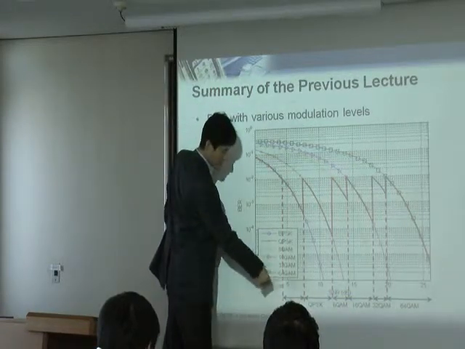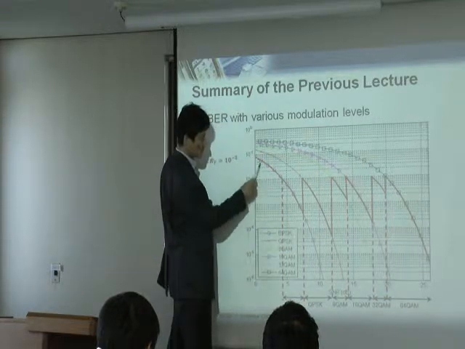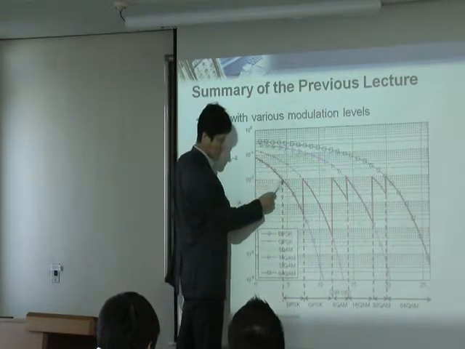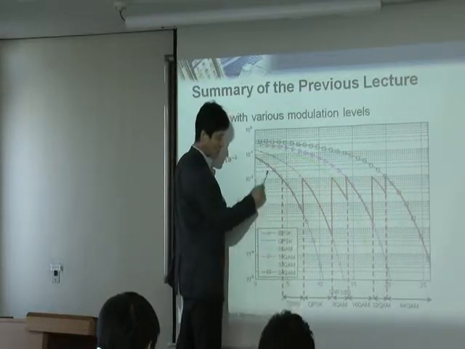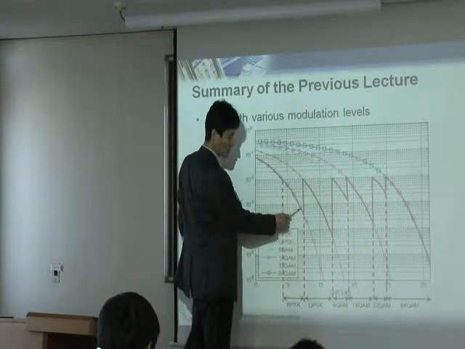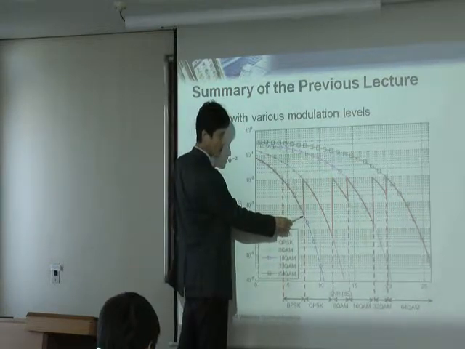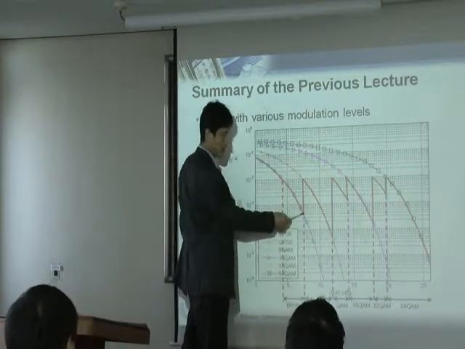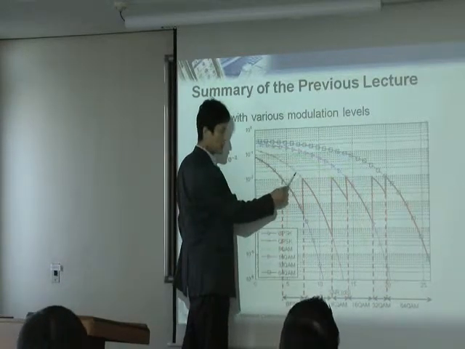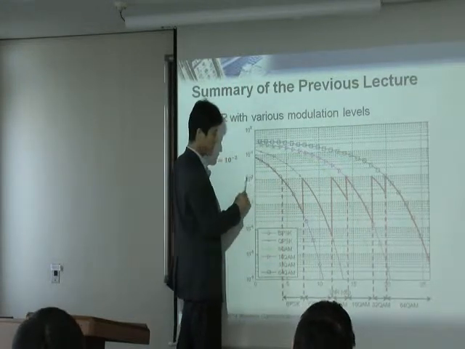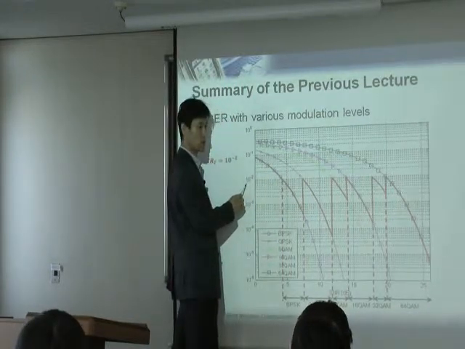So when the SNR is very low, you start from BPSK. As the SNR goes higher, you follow this BPSK. Then at this point, when the SNR is somewhere here, you know that QPSK has a symbol error rate of 10 to the minus 2.